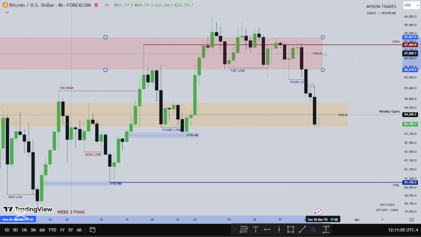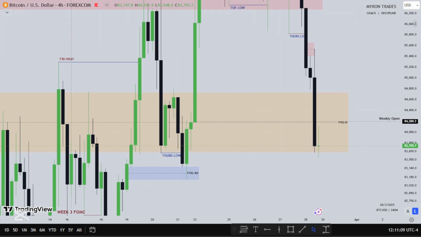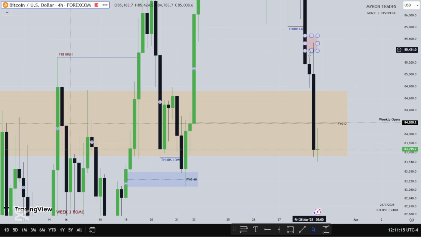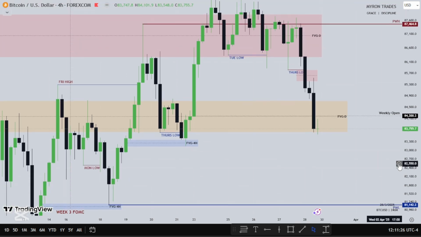So the fair value gap was resisting price, then Bitcoin gave up the ghost and traded lower. Look at this delivery, bro. You can see how price traded into this fair value gap from the 4-hour time frame, then just crashed lower into the daily fair value gap again.